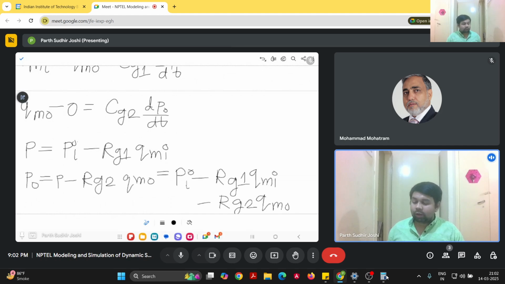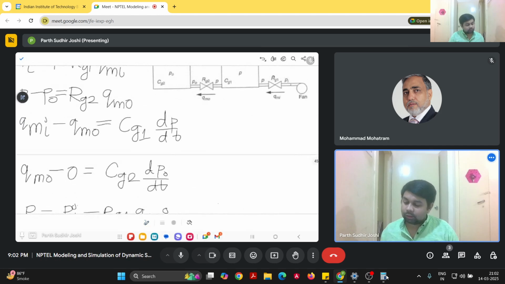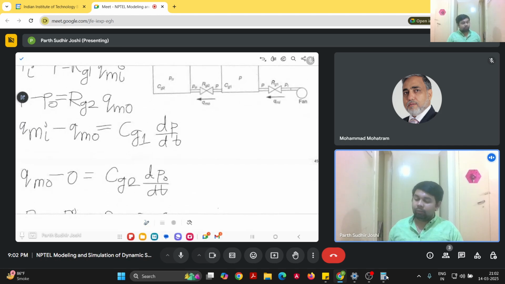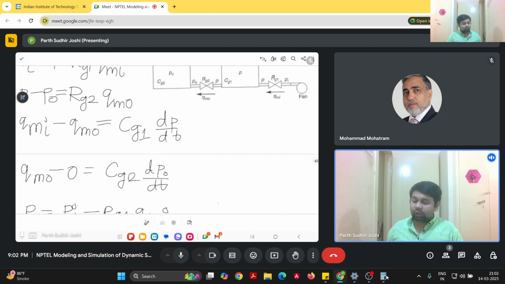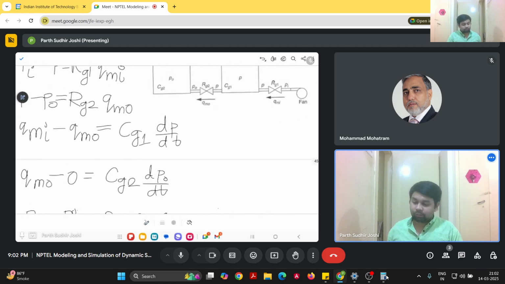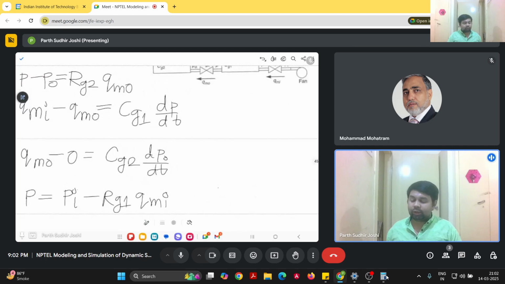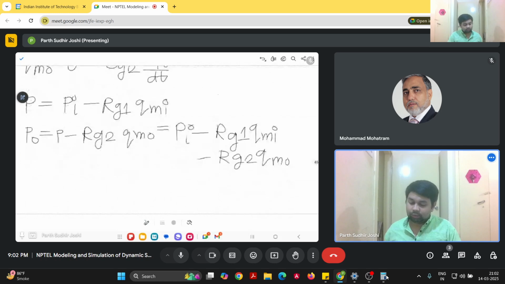So now we got the expressions for the pressures P and PO, and we can substitute these into the expressions for dp by dt.